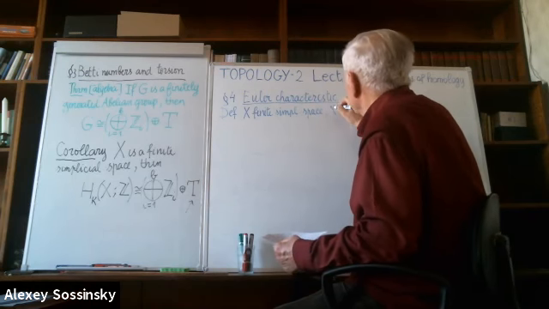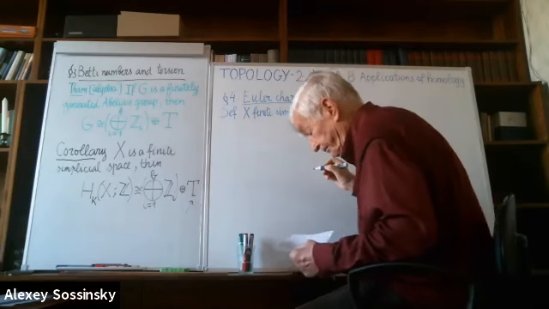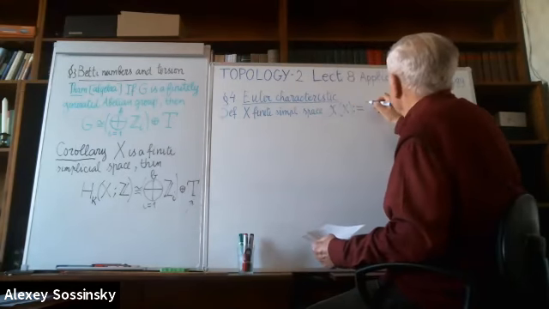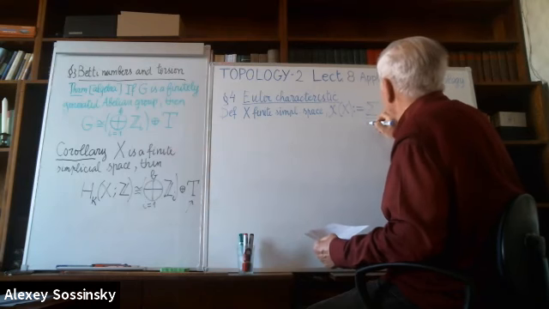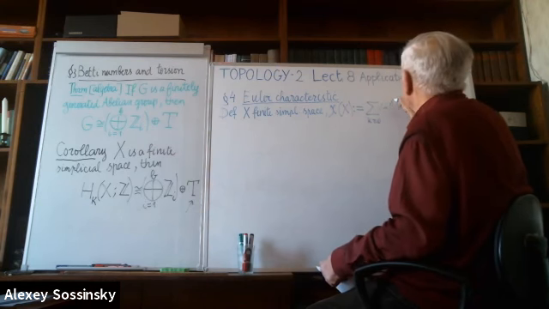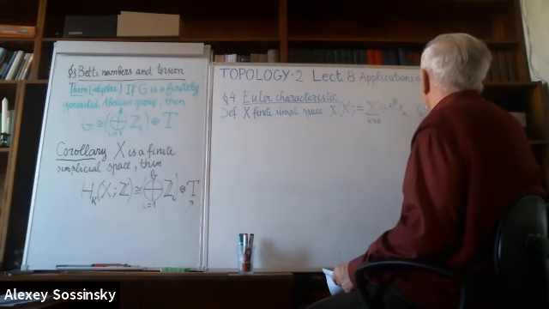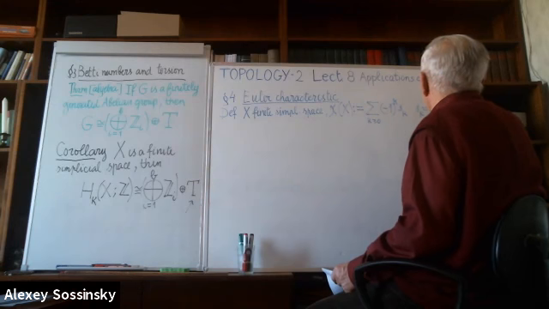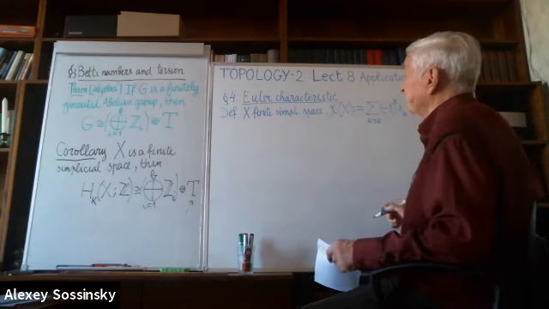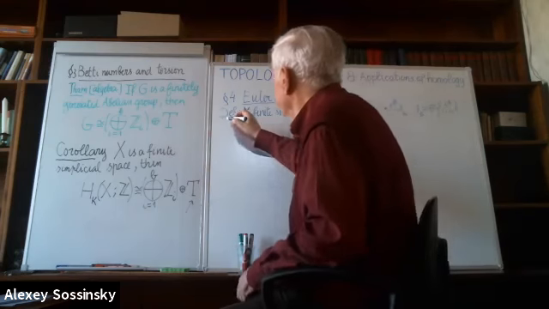Then the Euler characteristic of X is, by definition, the sum over k greater than or equal to 0 of (-1)^k s_k, where s_k is the number of k-dimensional simplices. And we have the following theorem.